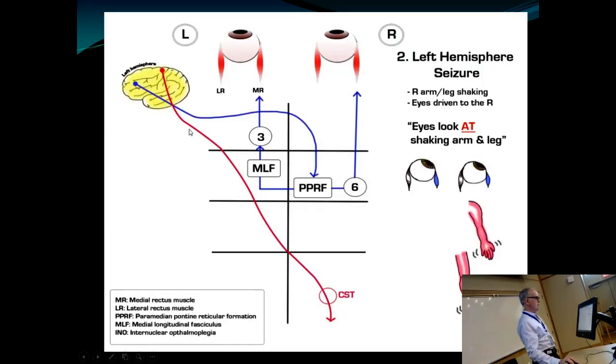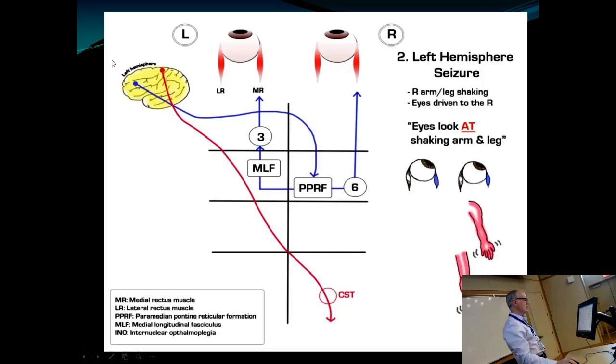All right, so a familiar diagram here, I hope. Here's the corticospinal tract. In this case, in the left hemisphere, moving muscles on the right side of the body. And here are the frontal eye fields in blue. Remember, the left brain always wants to drive your eyes to the right. The right brain always wants to drive your eyes to the left. Normally, they're equally counterbalanced.